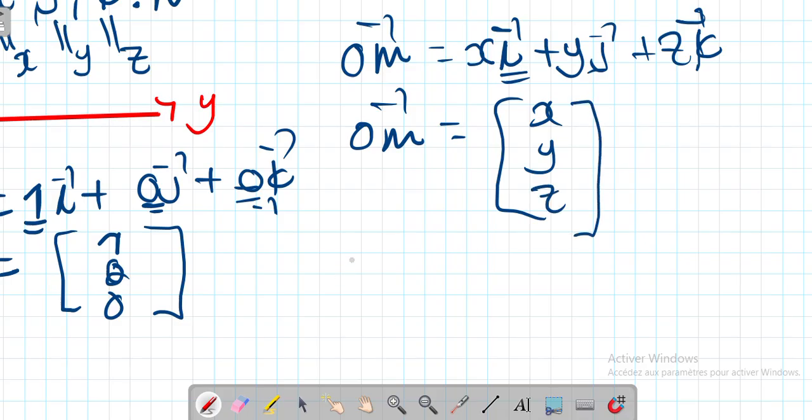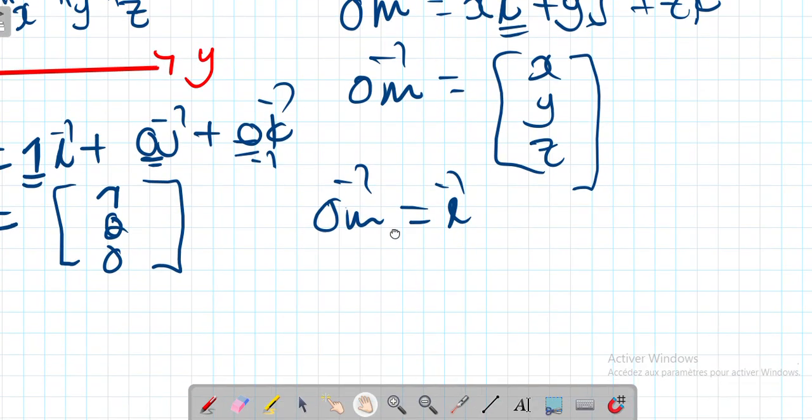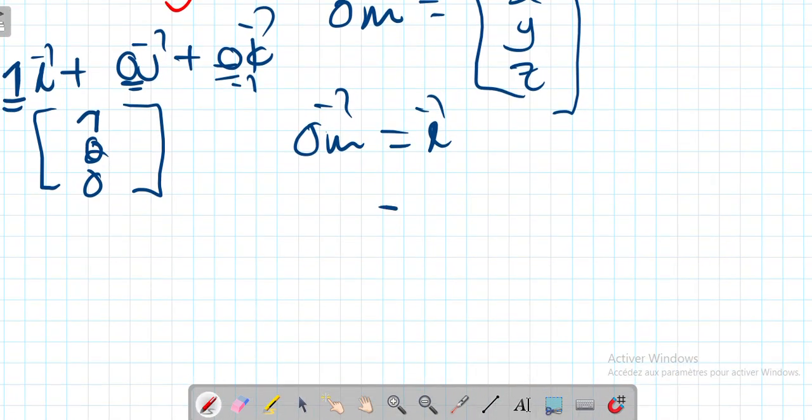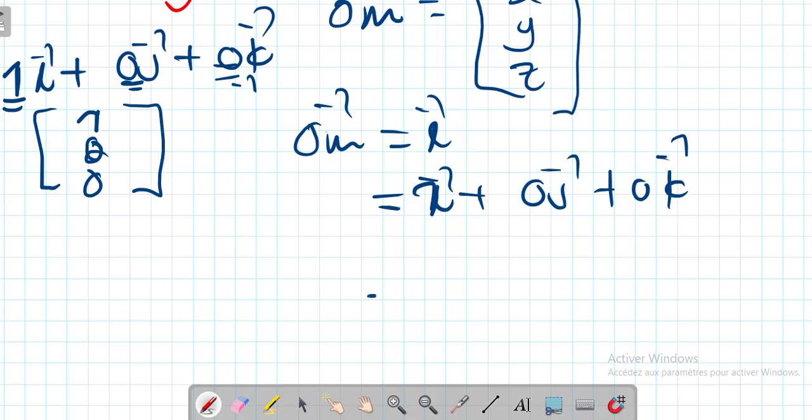Then a special case is when we have OM equals E, the unit vector E, which can be written as 1, but you don't show the 1, so just say E plus 0 G plus 0 K. So if you want to leave out the unit vectors, you just get the magnitudes 1, 0, 0.